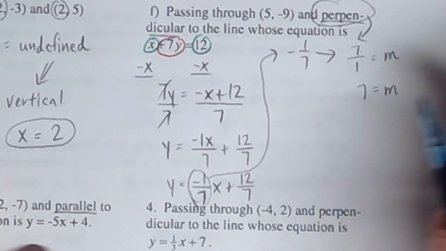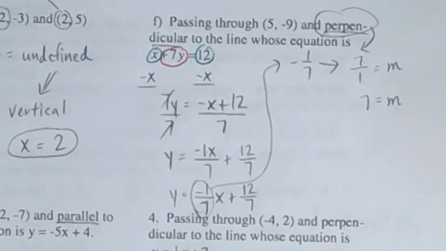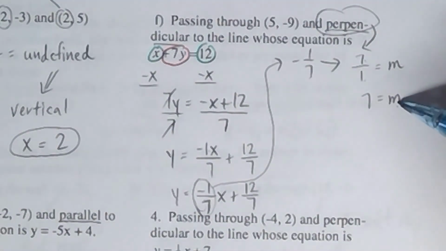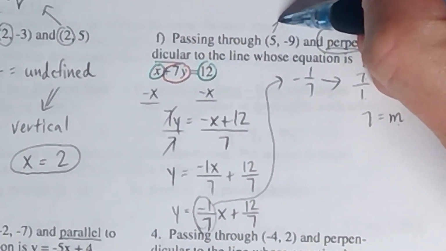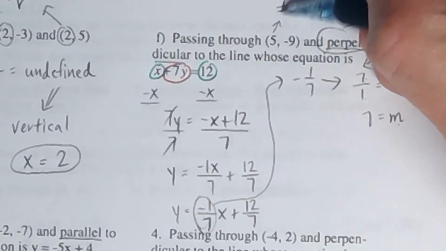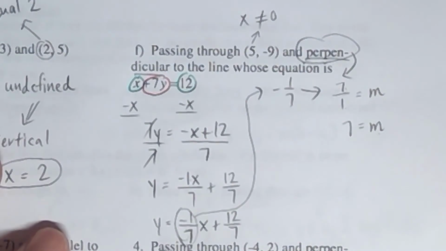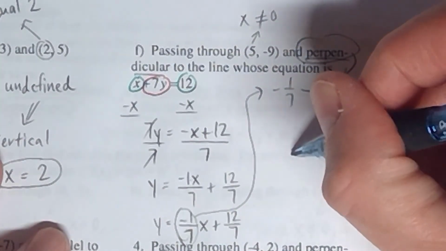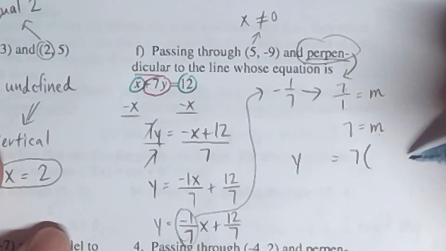Then, now that I know what the slope is, and since it passes through this point, remember on many of the previous problems that we've done in this section, if you know what the slope is, and they give you a point where the x number is not 0, what do we do in that case? We use that second formula, the one where you've got the slope in front of the bracket.